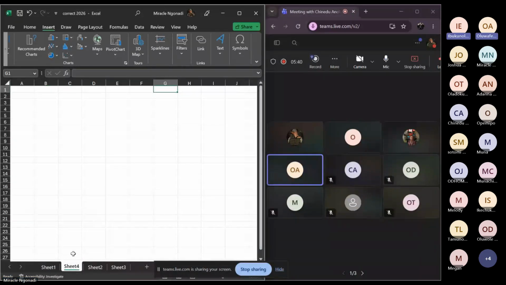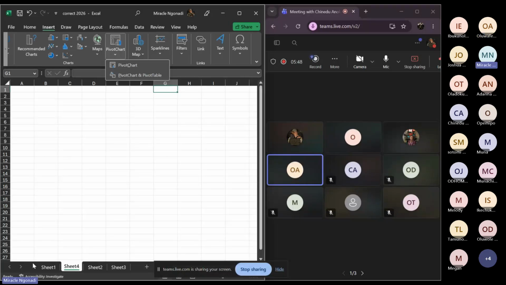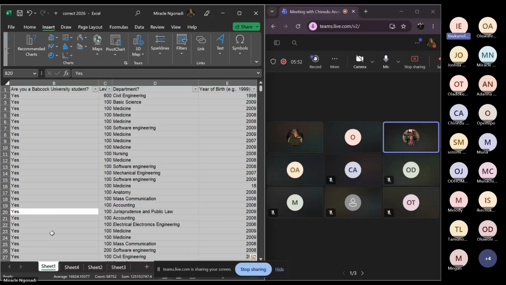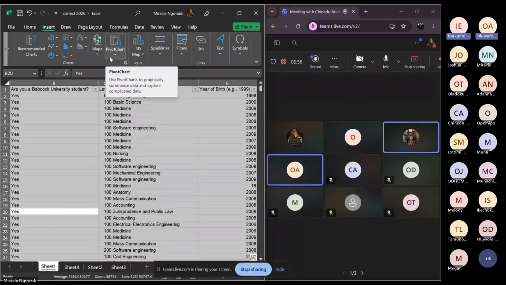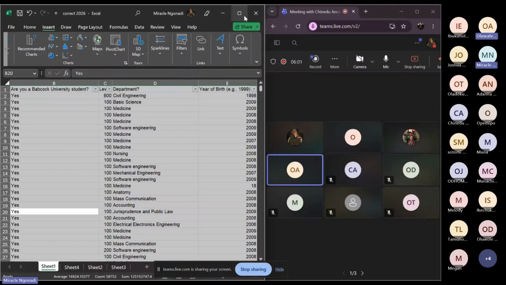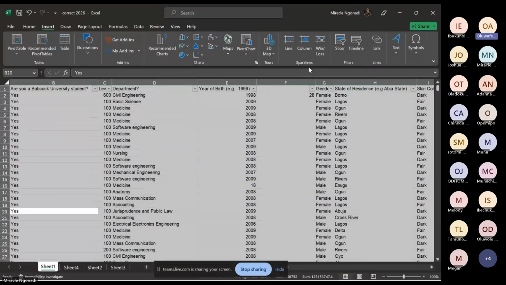Then go to insert. No, go back to where you highlighted everything. Just go to insert. No, from the extreme left. Good.